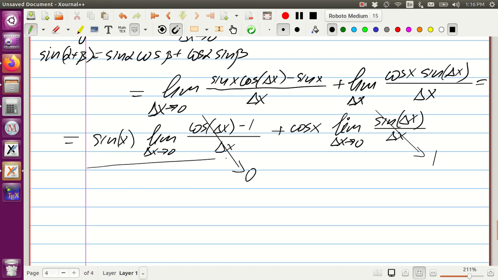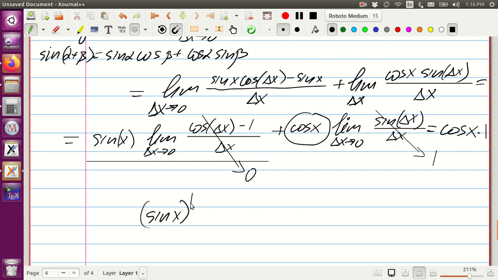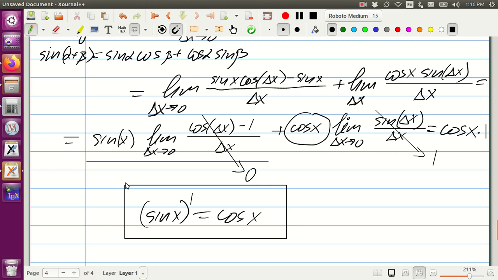So the first expression is just 0, and the second expression is just cosine. Conclusion: it's equal to cosine of x times 1. So if we take the derivative of sine, we're going to get cosine. That's the rule that we have gotten after such a long lecture.